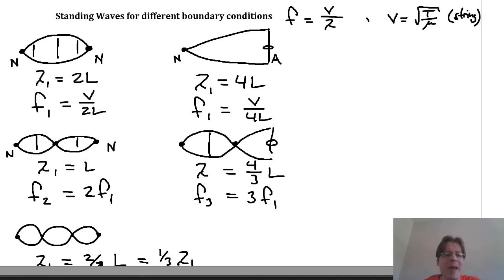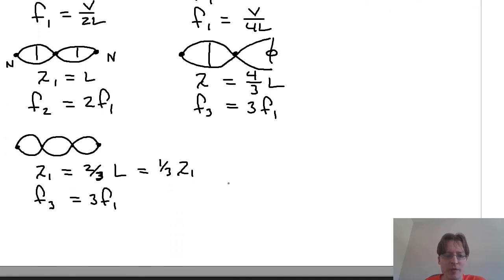Totally changes the pattern of the resonances. If you fix it at both ends, you hit F1, you hit F2, and F3, and so on. On this one, you only hit the odds, F1, F3. The next one will be 5. I'll sketch it. It will look like this.